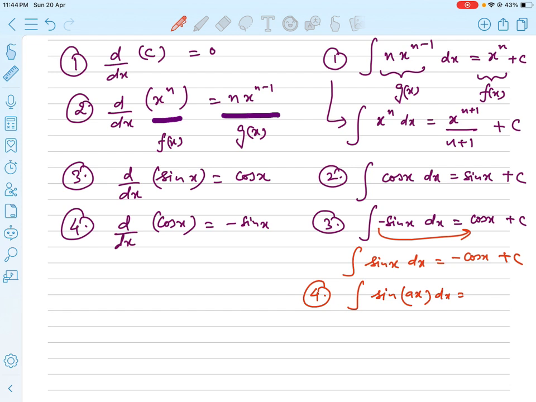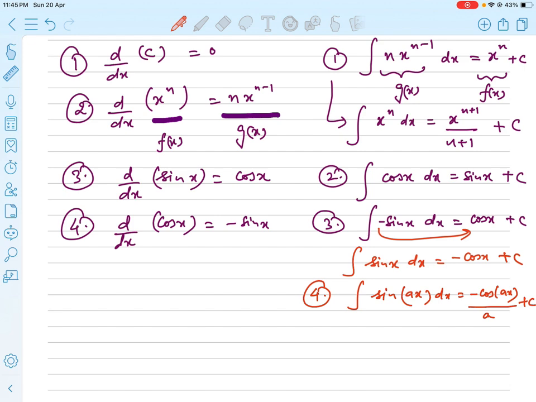So here I'll write down minus cos of whatever the angle is, ax, and I am going to divide this by the derivative of the angle ax. And what is the derivative of ax? That is a, right? Of course plus c will come, right? So this is what we need to do. Don't think a lot about how this a was divided and why it came in the denominator. That will be discussed in mathematics, but for now just try to understand how we are applying the formula, right?